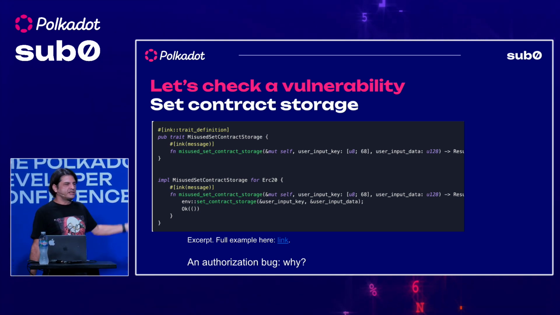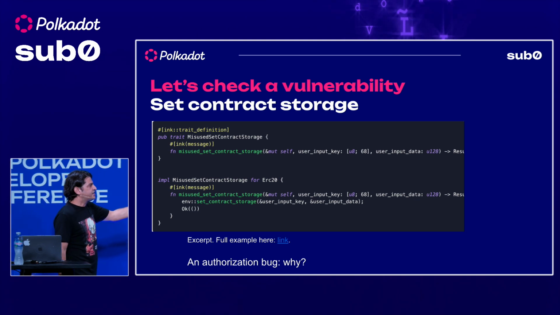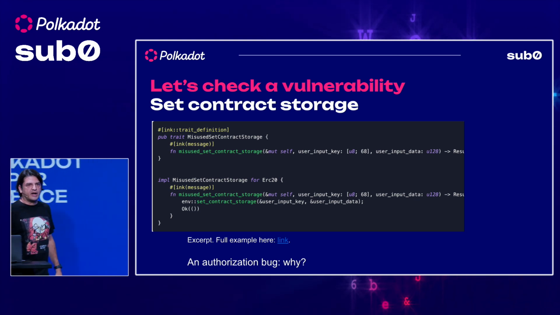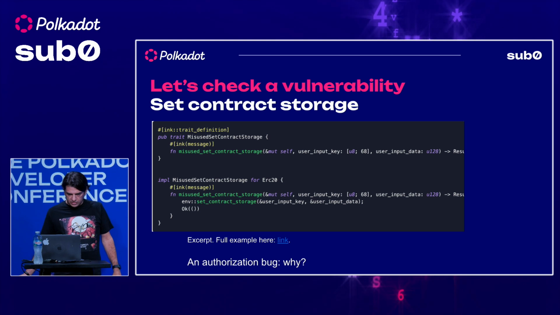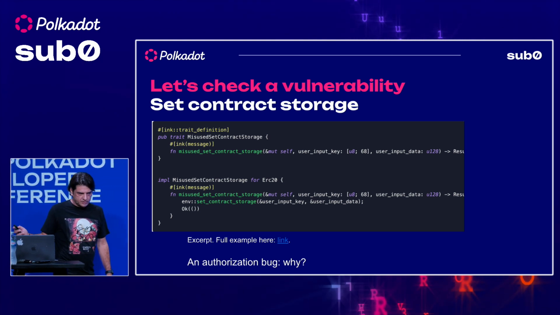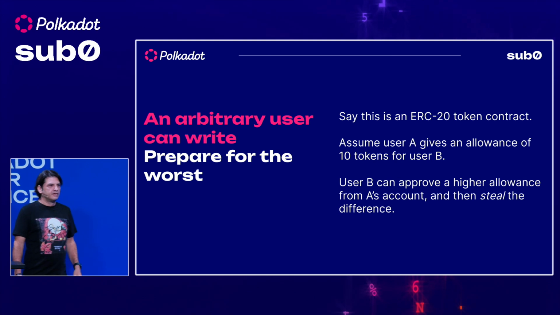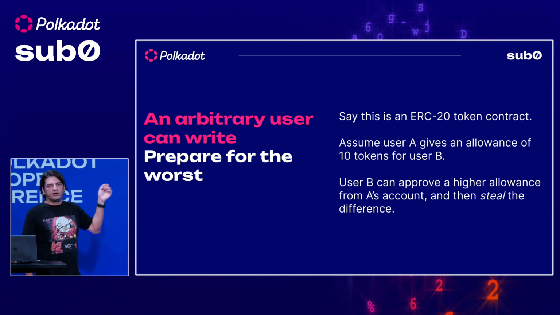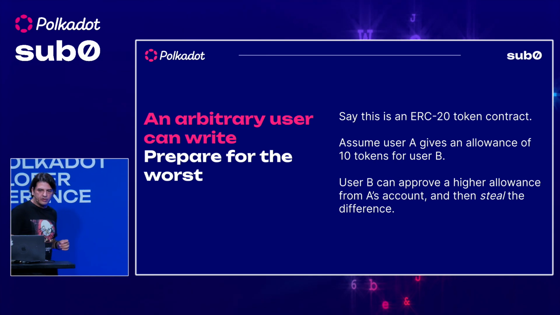This is an authorization bug because you are checking nothing about who calls this function and where this write is happening. So let's say that this is part of a token contract, an ERC20 or some other kind of token contract.